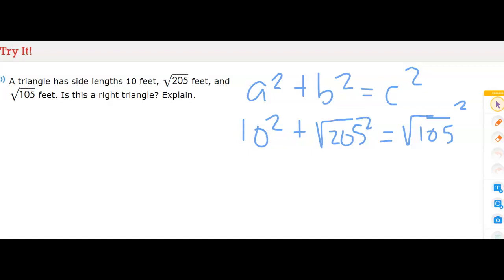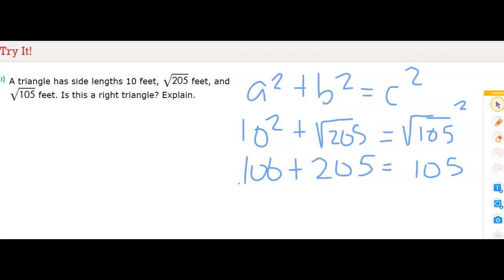So 10 squared plus the square root of 205 squared. I have 100 plus 205 is equal to 105. The square root of those numbers gives a decimal, but then when you square it, that doesn't look good.